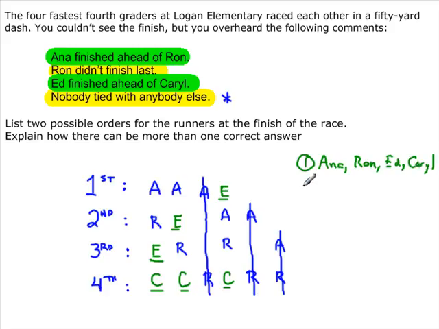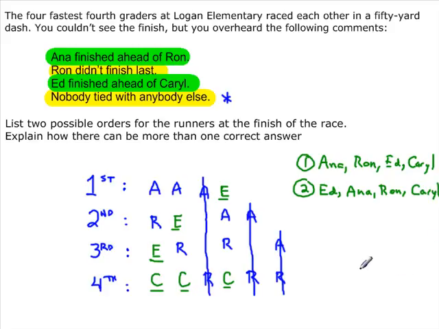That's 1. And then a second would be, and we can choose any 2 of these 3. We could have Ed first, and then Anna, and then Ron, and then Carl.